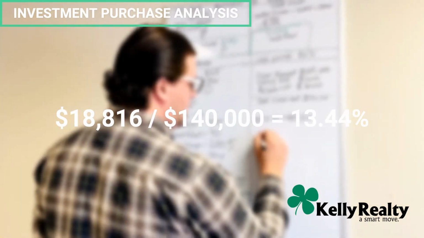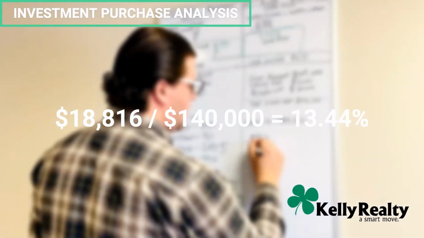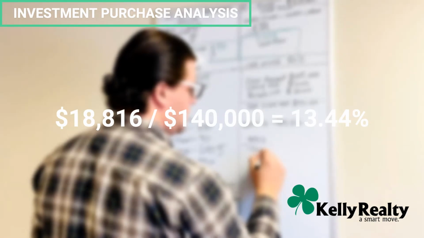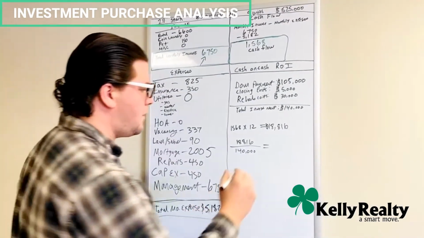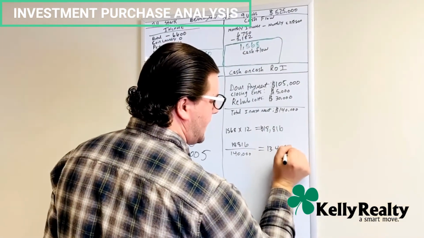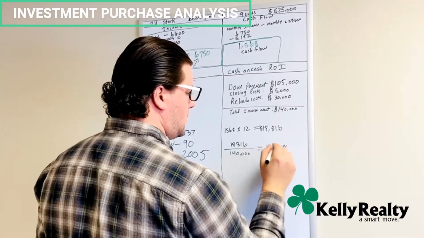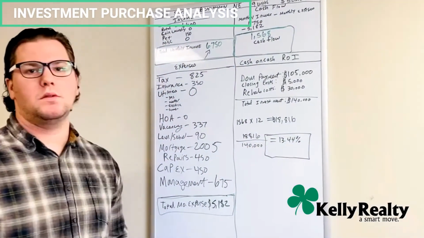So 18,816 over 140 equals 13.44%. That is your cash on cash return.